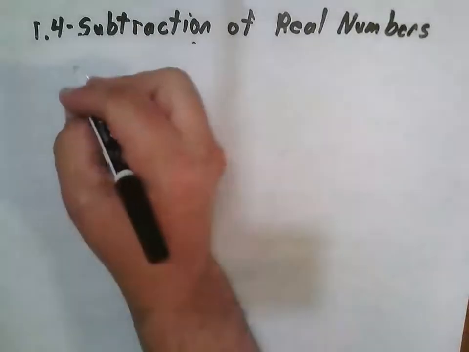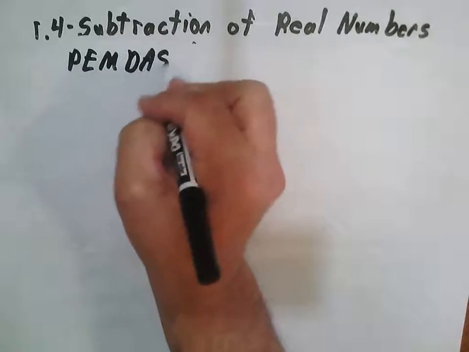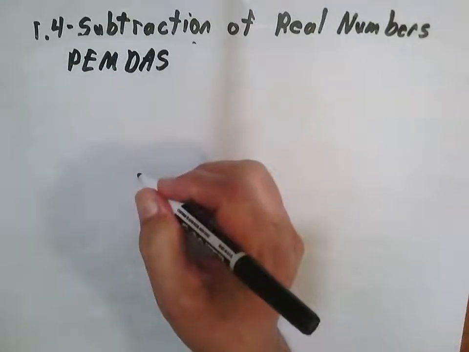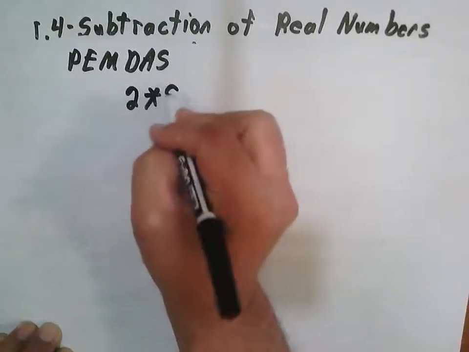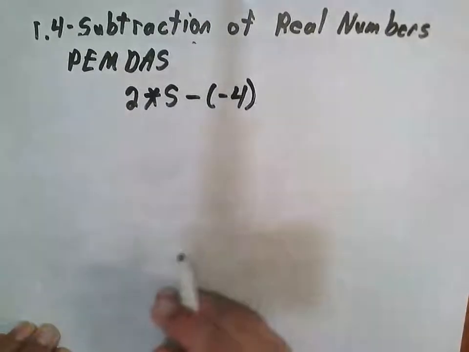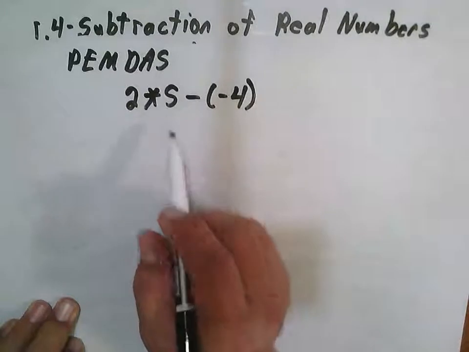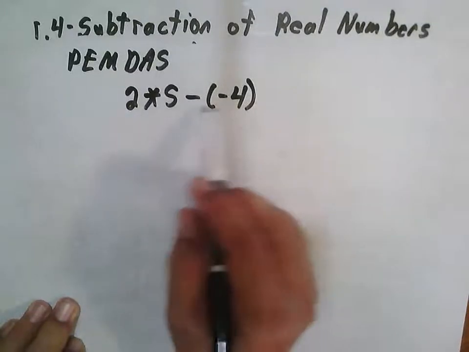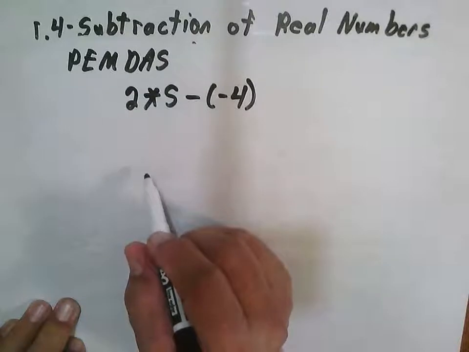Now, I'm used to using PEMDAS once again, and we keep going back to that because we're going to follow that over and over, not just in the first sections, but all through any math that you do. If I have 2 times 5, and I'm going to subtract -4, this will be very similar to something you're going to see on the quiz. I still have to follow PEMDAS. I have parentheses, so I can address that first, but it's really a subtraction and addition.